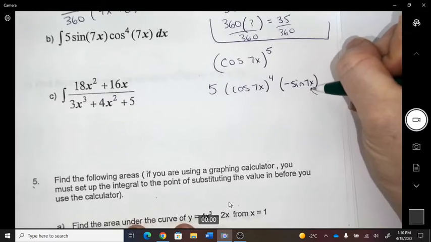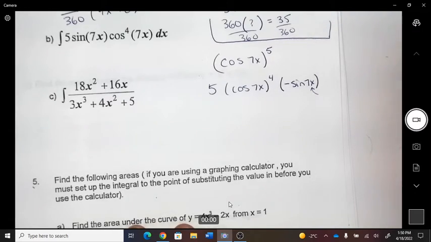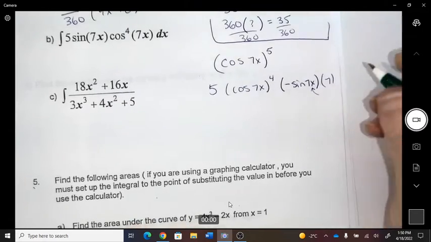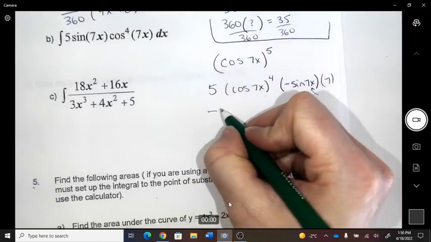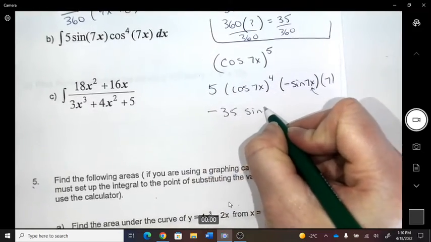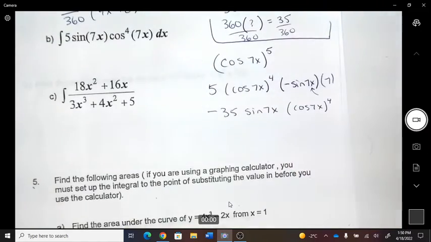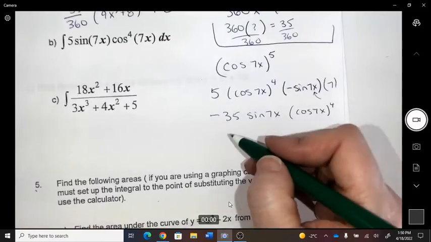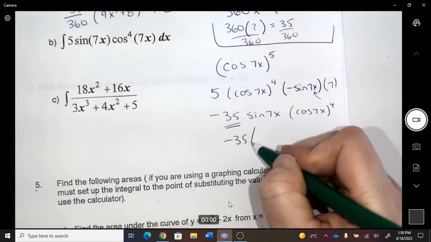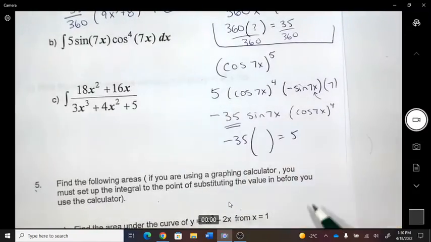Then you still have to attach the derivative of that unit. Okay, I need to turn this into a 5.